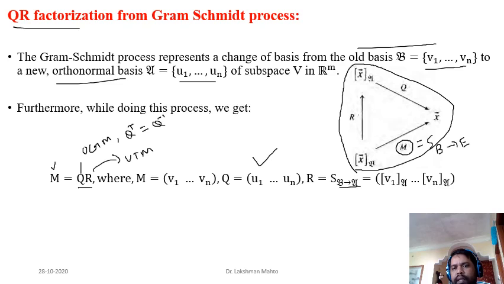What is R? Just observe the direction. It says that R is a change of basis matrix from basis B to the newly constructed orthonormal basis A. And what is Q? Q is the change of basis matrix from orthonormal basis A to the standard basis E.